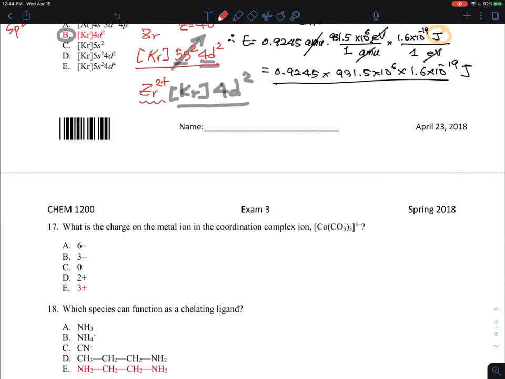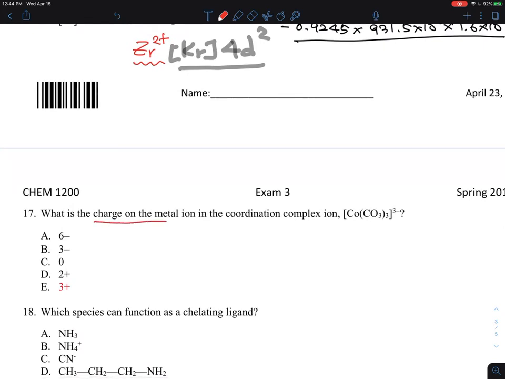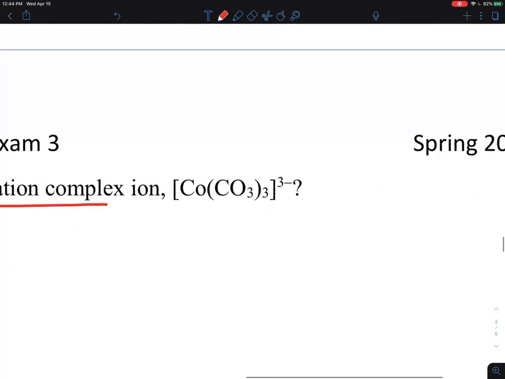Okay, number 17: what is the charge of the metal ion in the coordination complex? This one is fairly easy and straightforward, but you have to know what you see. CO3 is a carbonate, and this actually comes from carbonic acid.